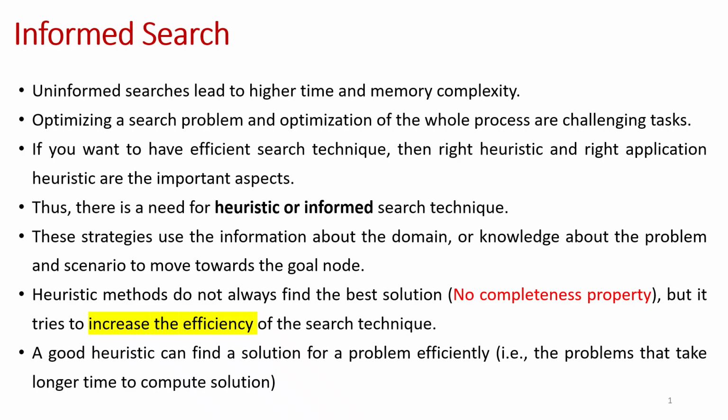Informed search uses a heuristic to make a better decision about the path to explore next. Uninformed search techniques can require exploring a large number of nodes, leading to high time and memory complexity. As the size and complexity of the problem increase, finding the solution can be computationally expensive. Therefore, optimizing the searching process became a significant challenge.